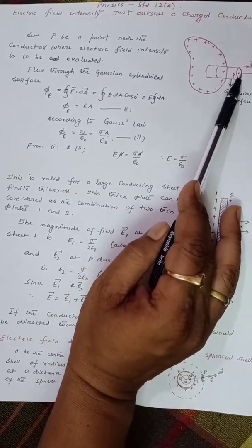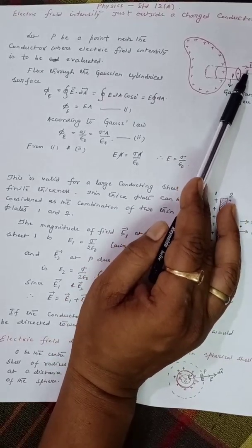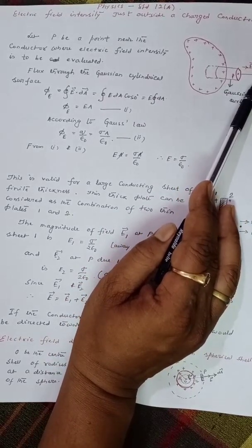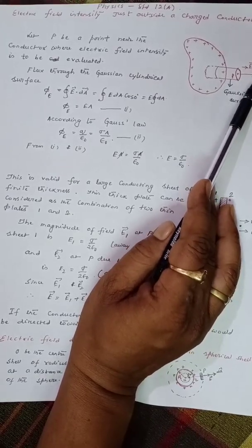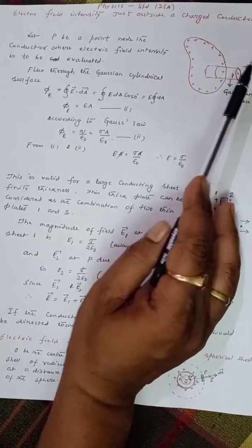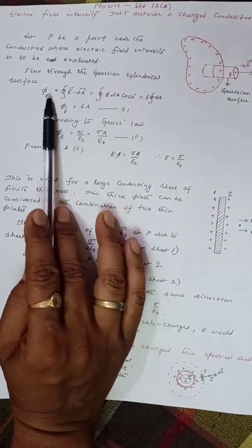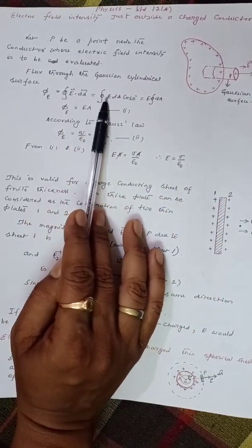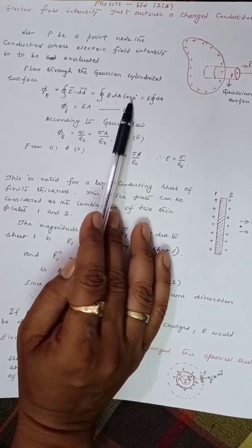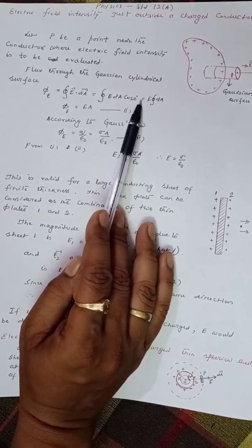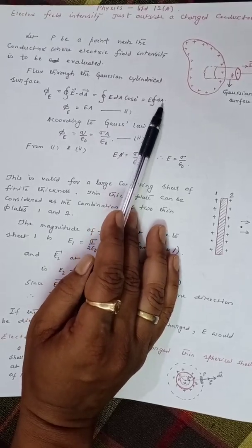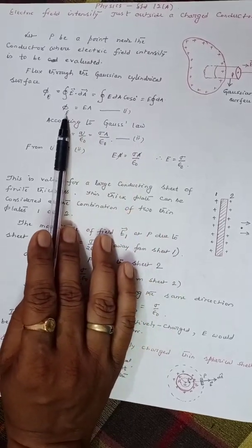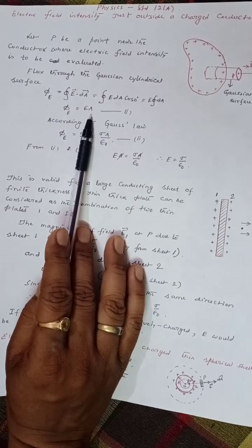In this figure you can see the direction of E vector and dA vector are the same, so the angle between E vector and dA vector is 0 degree. So electric flux equals E dA cos 0 degree, which is E dA. So E is kept outside the surface integral of dA. So phi E equals EA.